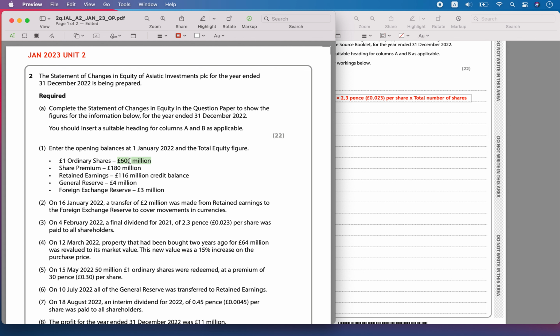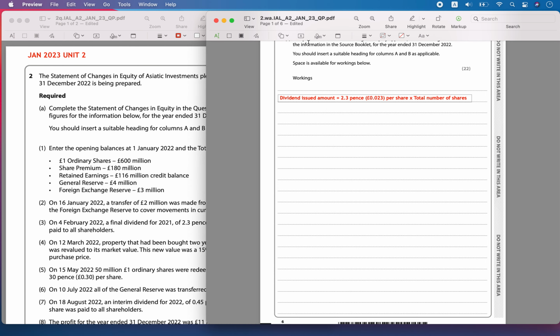So the number of ordinary shares times the rate per share, £1, is equal to the ordinary share capital value.